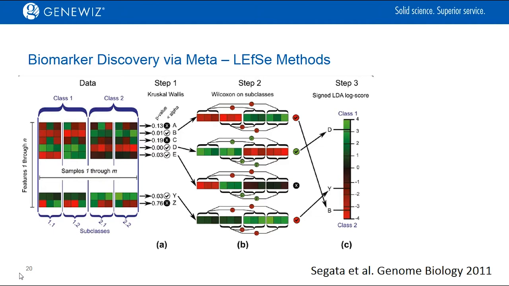Looking at this approach, we can see that it is important in the analysis of highly complex data like metagenomes to find not only the most differential features, but to make sure that these are statistically discriminative through layers of statistical tests.